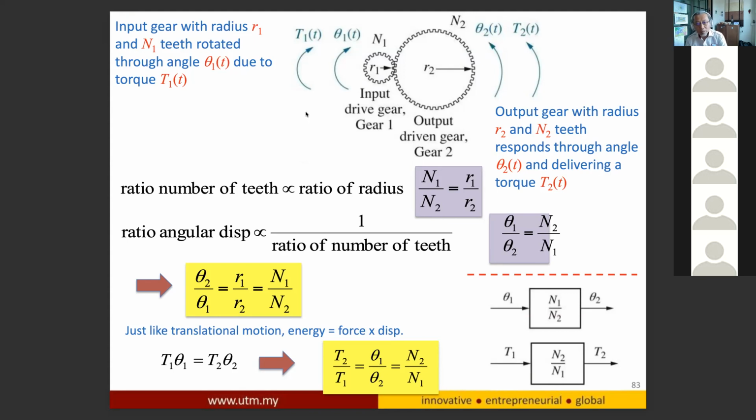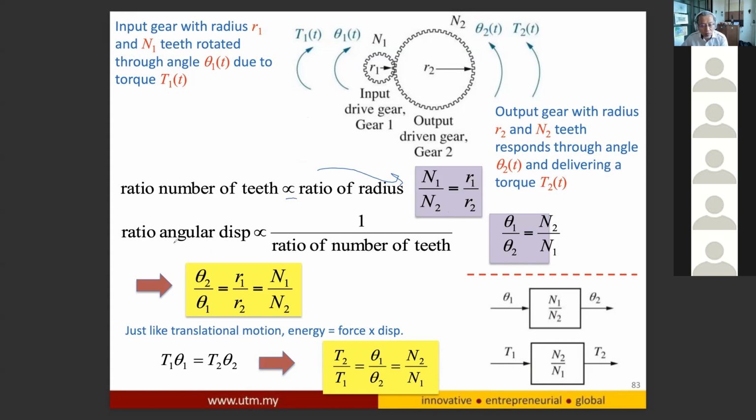So the important relationships here are these. The ratio of the number of teeth is proportional to the ratio of the radius. So please remember N1 over N2 is equal to R1 over R2.